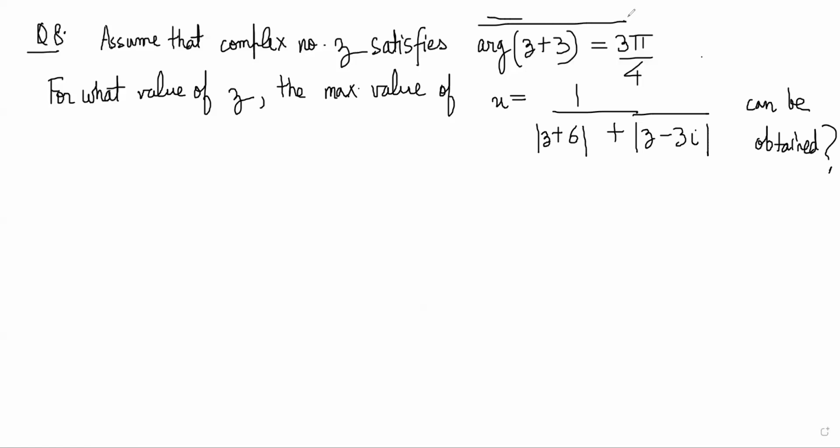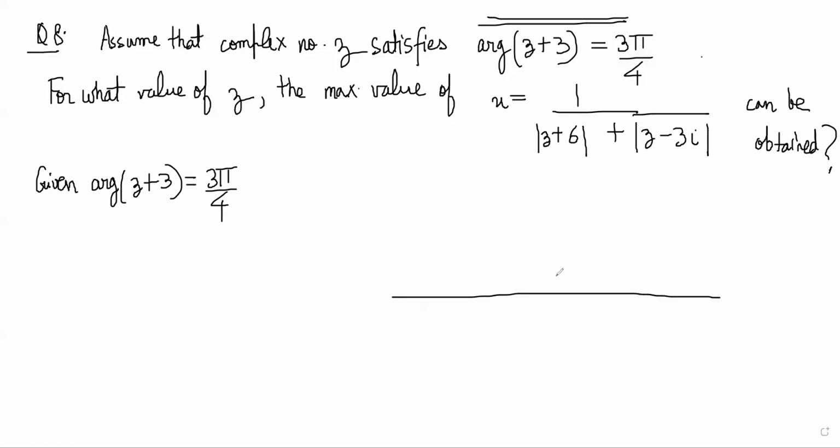Now think about this. This says that the argument of this complex number is equal to 3 pi by 4. Given argument of z plus 3 is equal to 3 pi by 4. This basically is the ray starting from point A, which is minus 3 comma 0, and making an angle 3 pi by 4 with the positive x-axis.